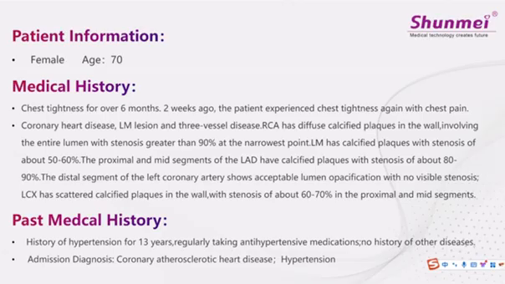The proximal and mid segments of the LAD have calcified plaques with stenosis of about 80% to 90%. The distal segment of the left coronary artery shows acceptable lumen opacification with no visible stenosis. LCX has scattered calcified plaques in the wall, with stenosis of about 60 to 70% in the proximal and mid segments.